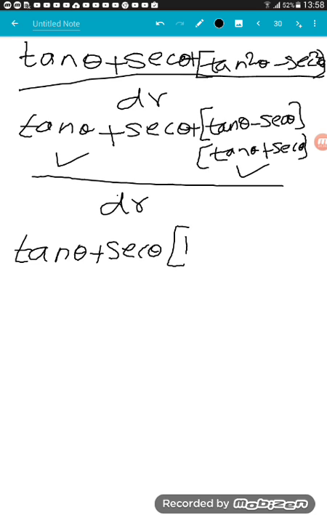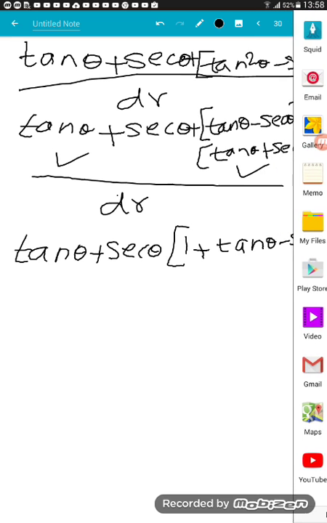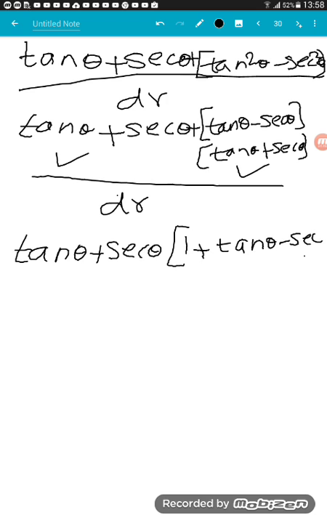So it will become 1 into 1 plus tan theta sec theta. Now we will open the denominator. What is the denominator?